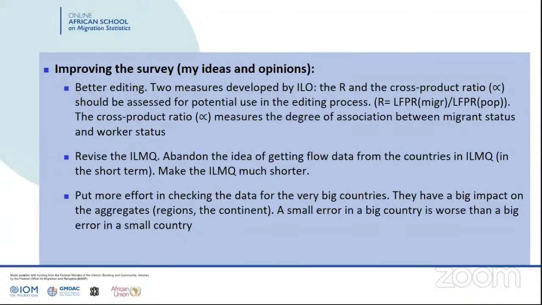I think we can benefit a lot from closer cooperation with ILO especially, and maybe also with the UN. But from ILO we can use their models for doing some of their imputations.